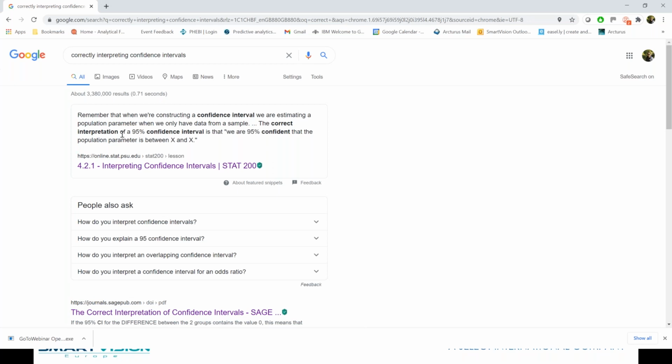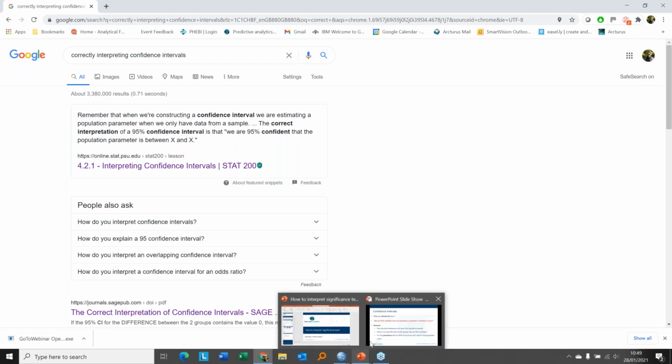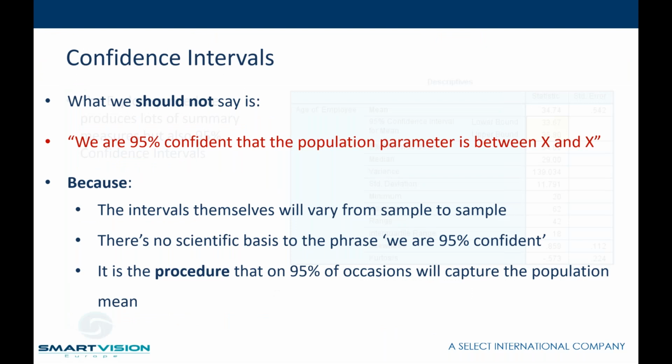The correct interpretation of the 95% confidence intervals is that we are 95% confident that the population parameter is between X and X. So it's perfectly understandable that people make these mistakes when this sort of language is being used so repeatedly throughout various textbooks and stuff like that. It's actually incorrect.